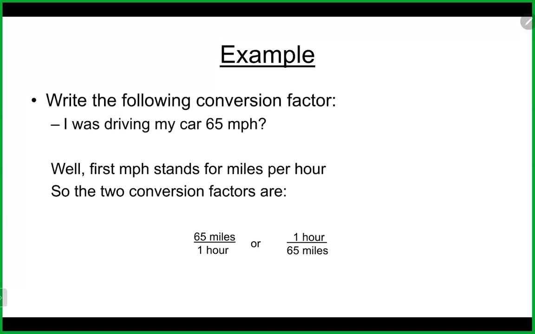So if we were given that information in a problem, you would want to look at the significant figures in the 65 here, which would have two significant figures, because if I was driving 125 miles an hour, that would be three significant. And I'm going kind of fast, I imagine, in that case. So another place where you do have to be concerned about significant figures is if it's given something in the problem specific to that problem. Okay.